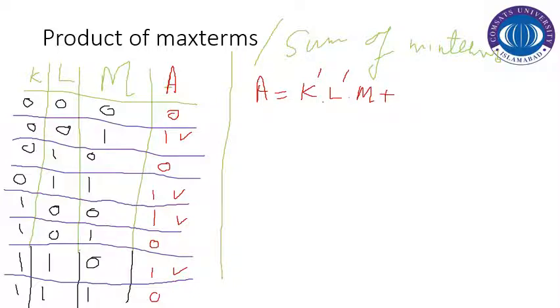The next term is K prime into L into M. Then the third term is K into L prime into M prime.